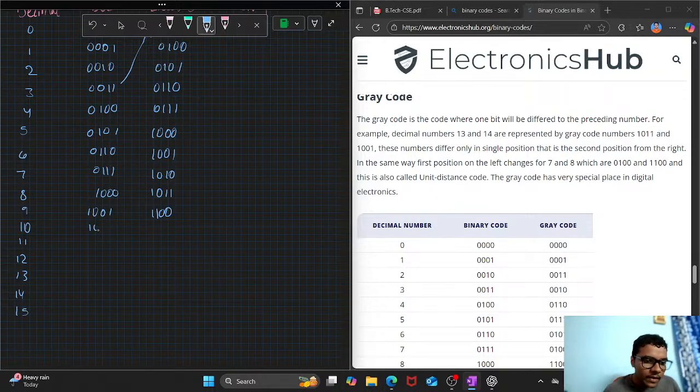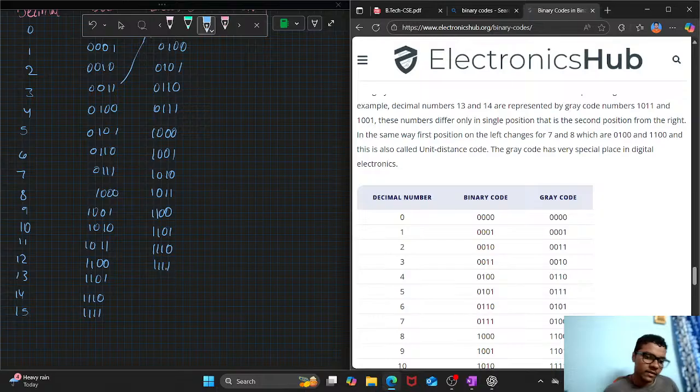For 10, it will be 1 0 1 0, and 11 is 1 0 1 1, and then 1 1 0 0, 1 1 0 1, 1 1 1 0, 1 1 1 1.